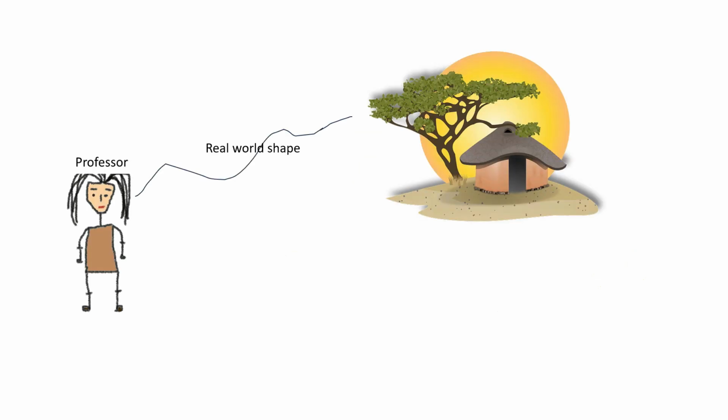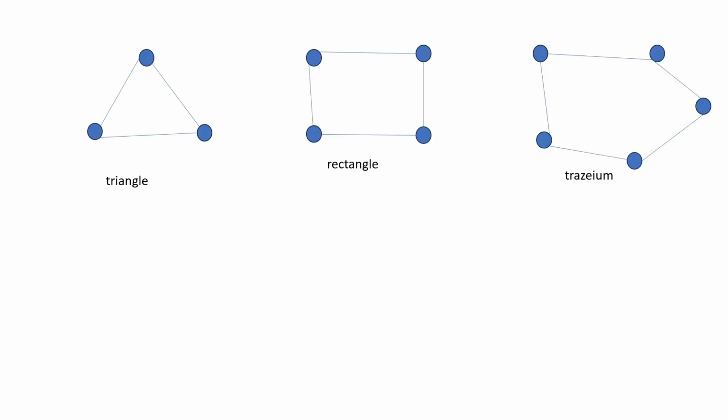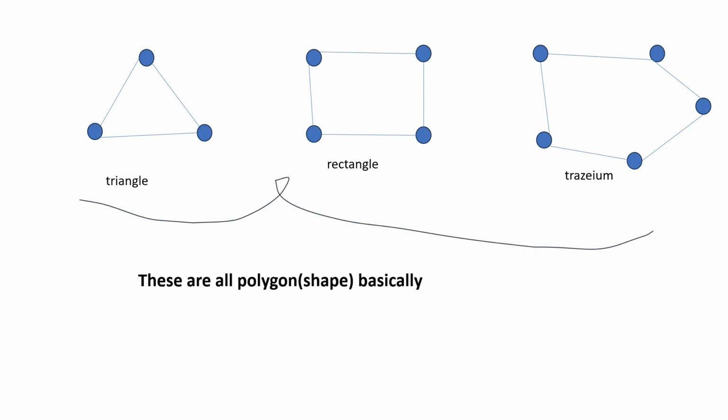This type of shape we observe in our daily life. Everything is a shape. This is a triangle, this is a rectangle, and this is a trapezium. And we can say that these are all polygons. A polygon is nothing but a shape which consists of multiple points.